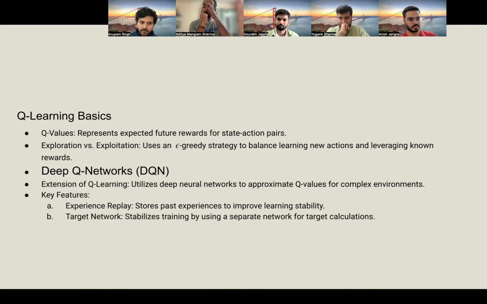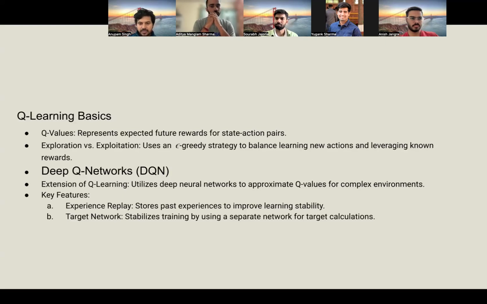Nothing special. Deep QN is basically an extension of Q learning. This utilizes a deep neural network, which we learned in session 2 of this, to approximate the Q value for a complex environment. So the Q learning basics apply to whatever agent we are going to create in simple agents: use a greedy strategy, choose a new action, see if it is working.